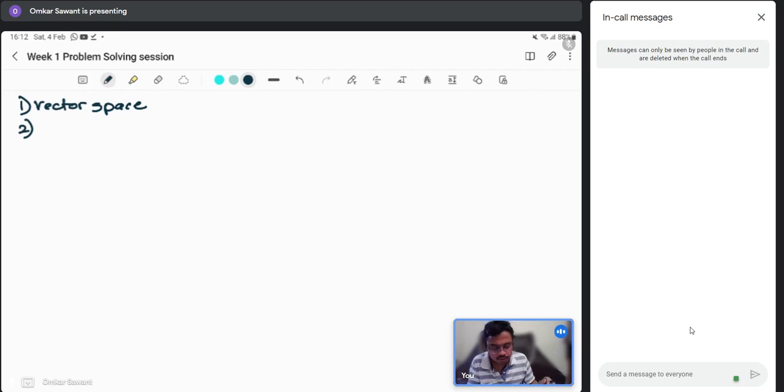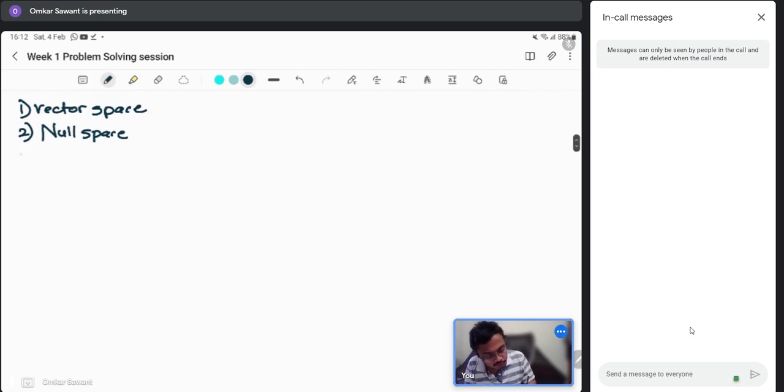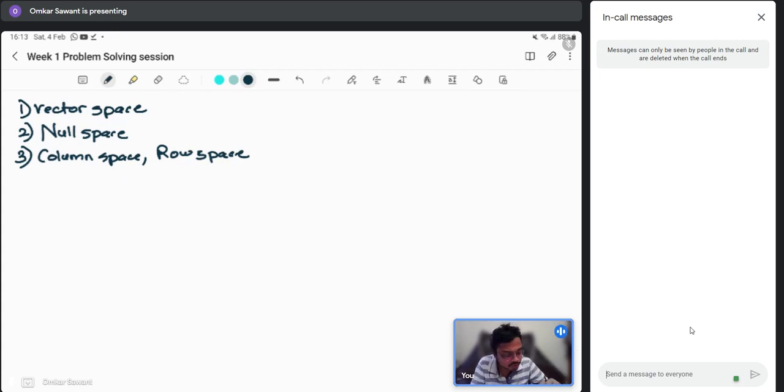So vector space, then null space, which means the fundamental subspaces of vector space, right? Then you must have heard about column space, row space, right? So we will solve some problems to understand these concepts.